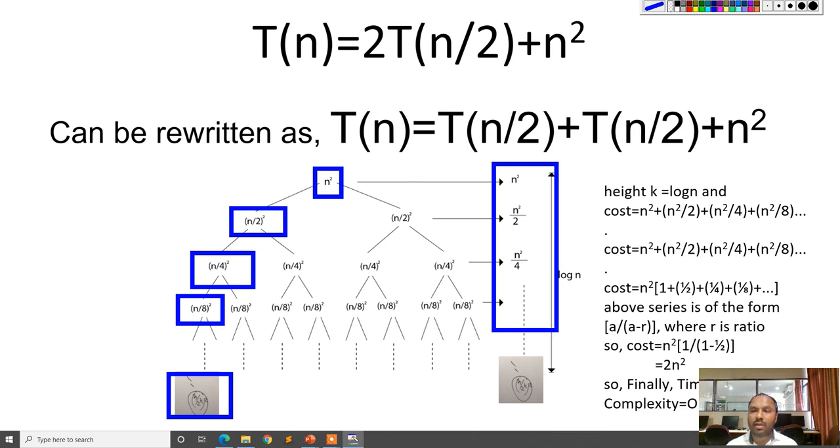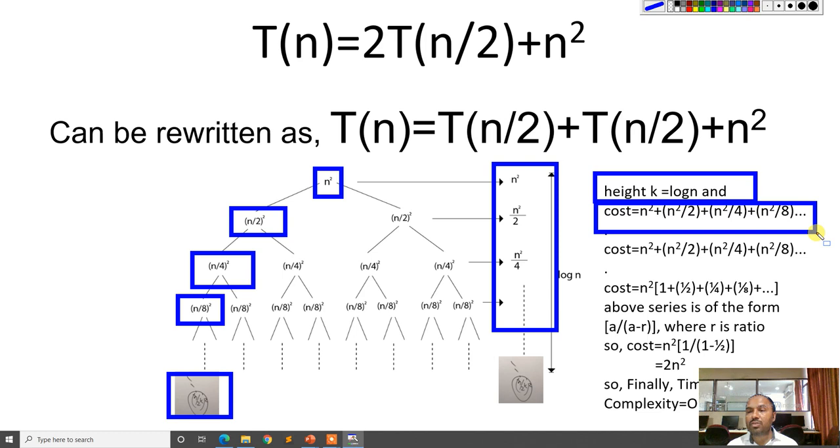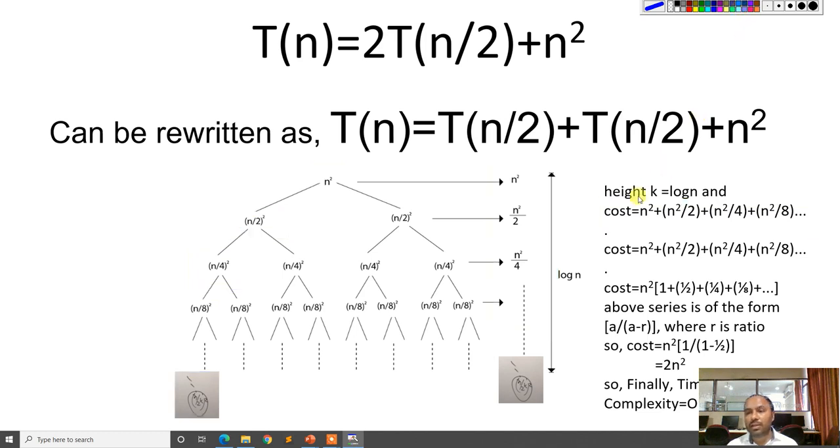So what is to be done? We can observe the height is going to be the same, but the highest cost that we have to consider, and here the highest cost is at the root node, is ultimately going to be our time complexity for the recurrence equation.